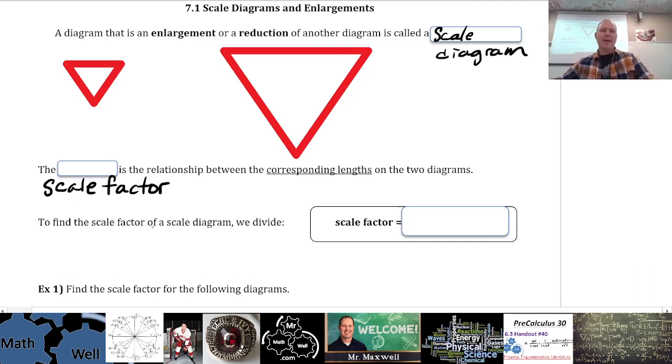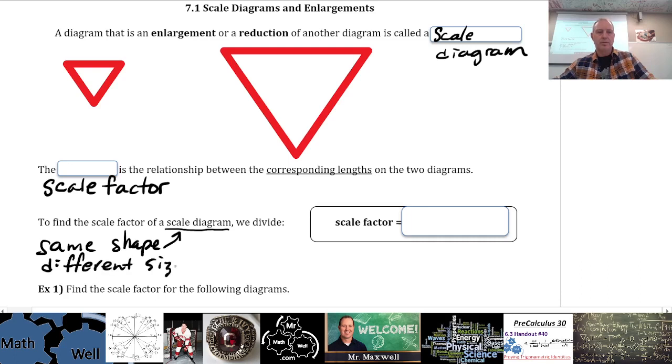To find the scale factor of a scale diagram, and again, a scale diagram is same shape, but different size. Same shape, different size. And how we determine what the scale factor is, we do a division.